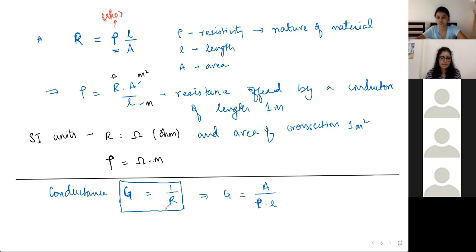This particular quantity, the inverse of resistivity, is conductivity. G, conductance, is equal to kappa into A by L. That's what kappa is, the Greek alphabet.